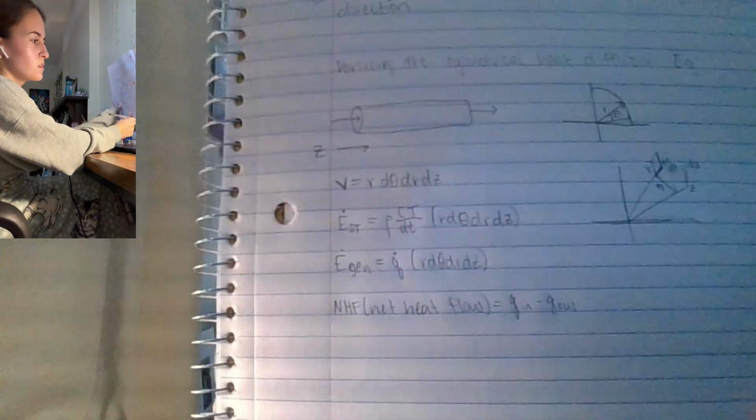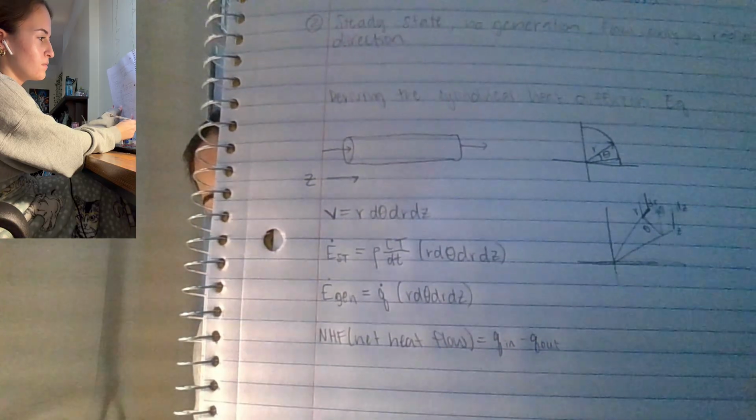So if you recall, net heat flow is going to be the same thing as our heat flowing in, so Q in, minus our heat flowing out, so Q out. So we're going to look at the net heat flow in all three directions.